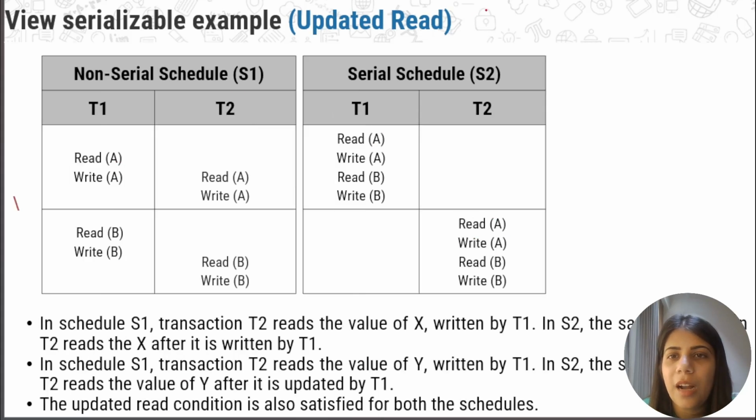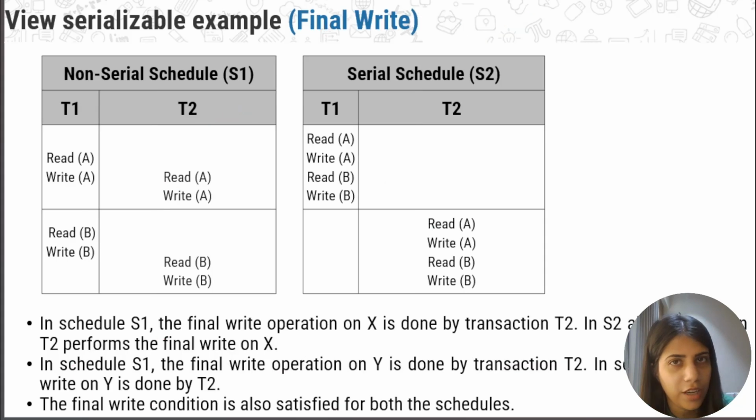Second condition, which is updated read. In schedule S1, transaction T2 reads the value of X written by T1. In S2 also, the same transaction T2 reads X after it is written by T1. The updated read condition is also satisfied for both schedules.